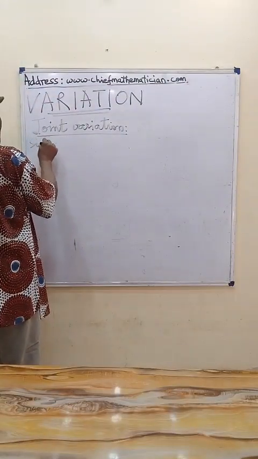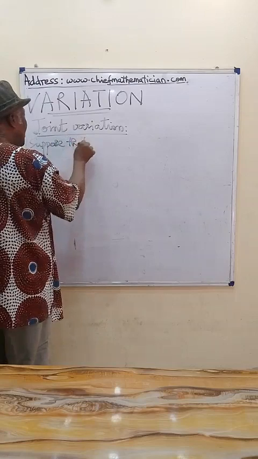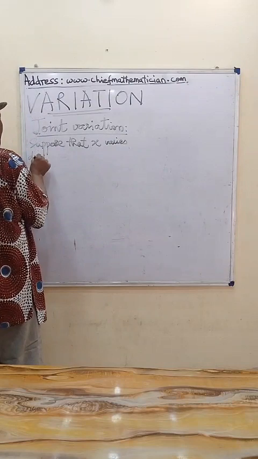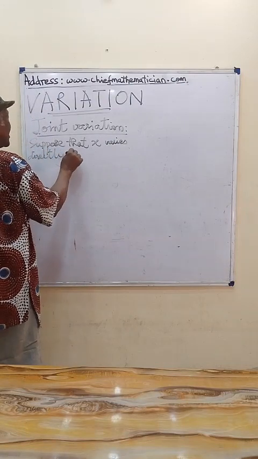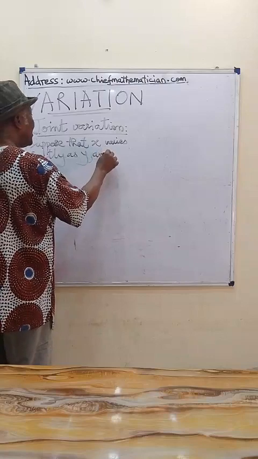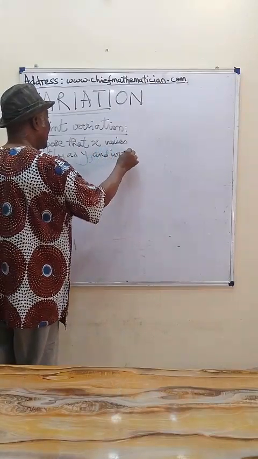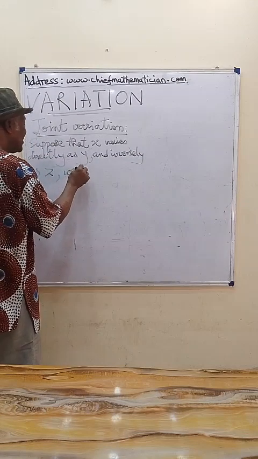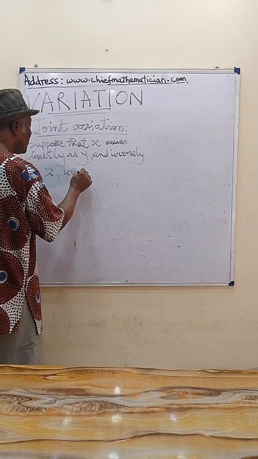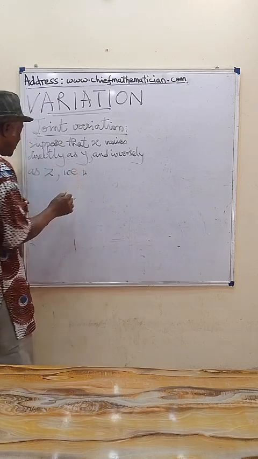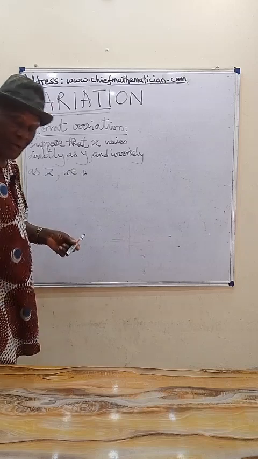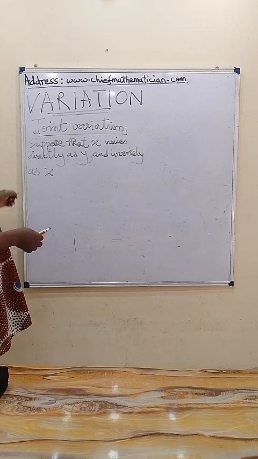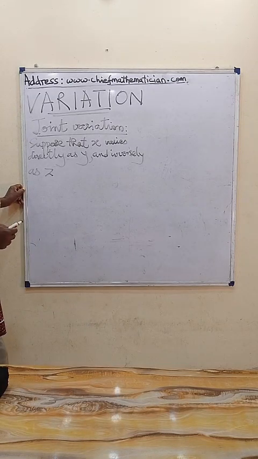Suppose that x varies directly as y and inversely as z.